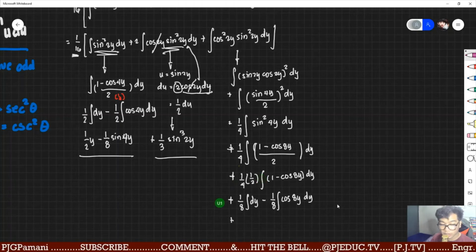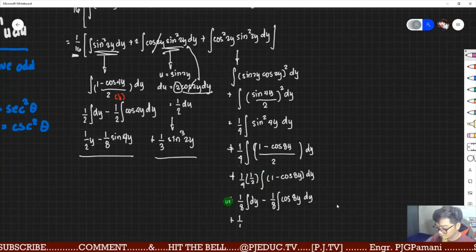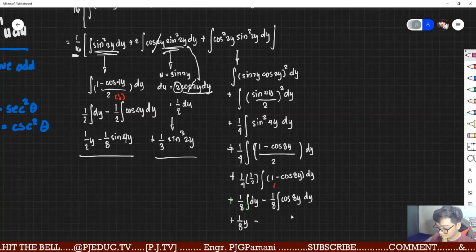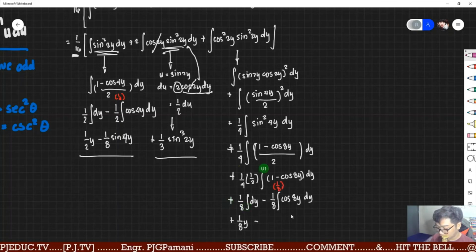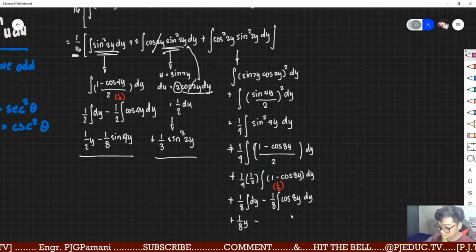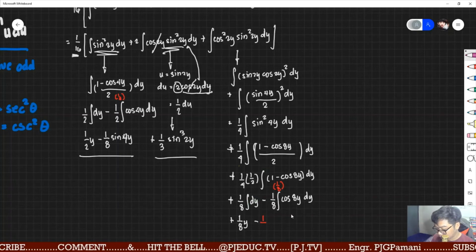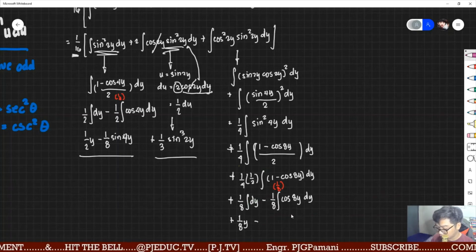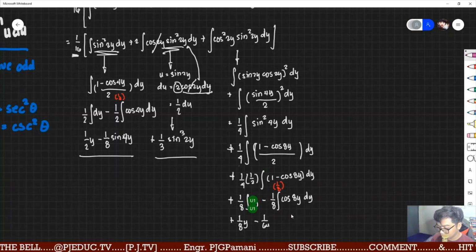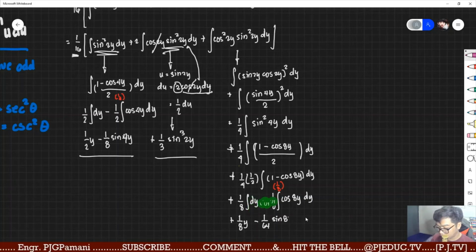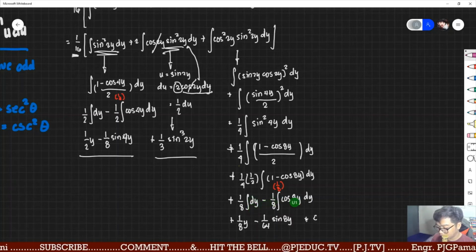Integral of 1/8 dy is simply 1/8 y minus, anong correcting factor natin dyan? That is also 1/8. So 1/8 times 1/8 is 1 over 64. Integral of cosine is positive sine 8y. And lastly, your integration constant.